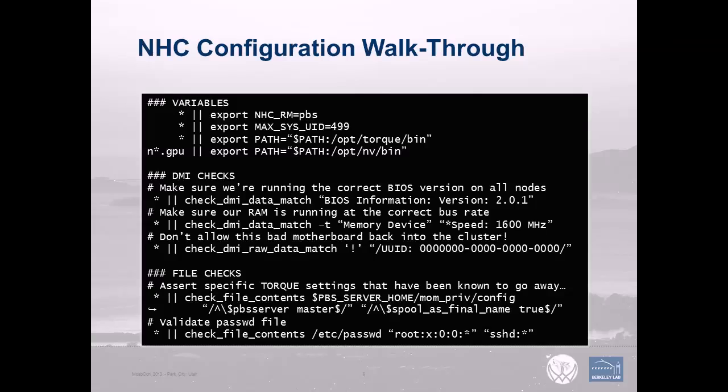The next set of checks we have are DMI checks. One of the very first investigations into Node Health Check I did was with an absolutely brilliant engineer at LBNL, a guy named Darrell. He's forgotten more about prescriptive maintenance than I know, but he taught me a lot.